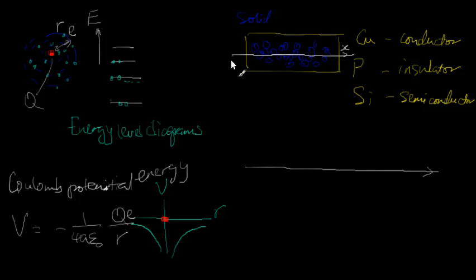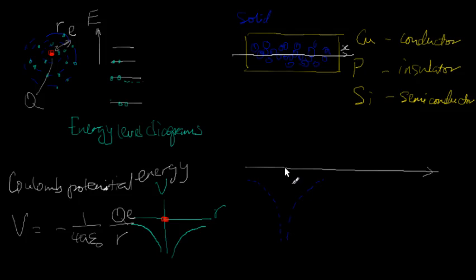This x-axis goes through. So every time it goes through an atom or goes close to the nucleus of an atom, we would expect it to experience a potential from that atom, from that nucleus, that looks like this.